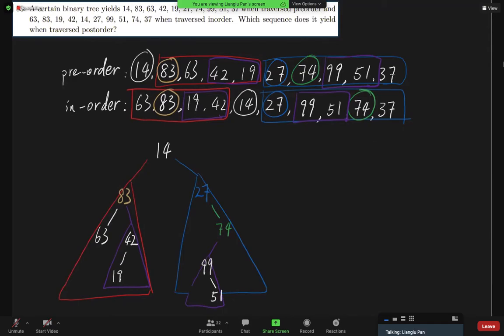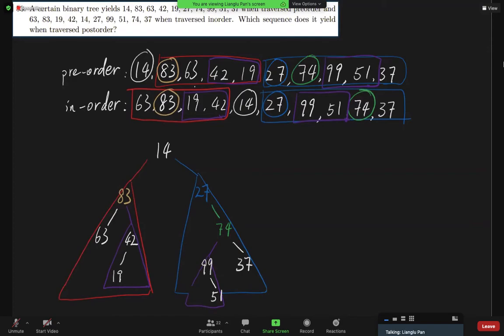And remember, we have the last node 37, which is the right child of 74. So we're just going to place it here. So I think that's it. We've just reconstructed the entire tree.